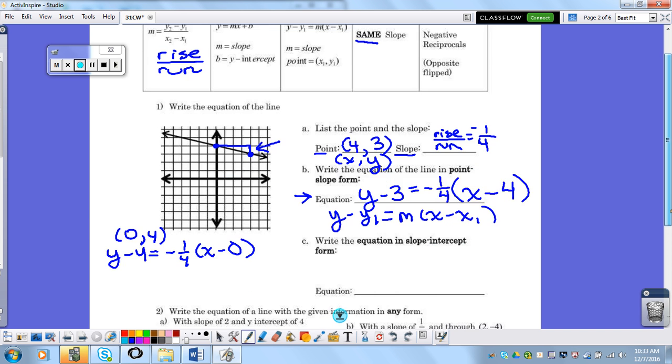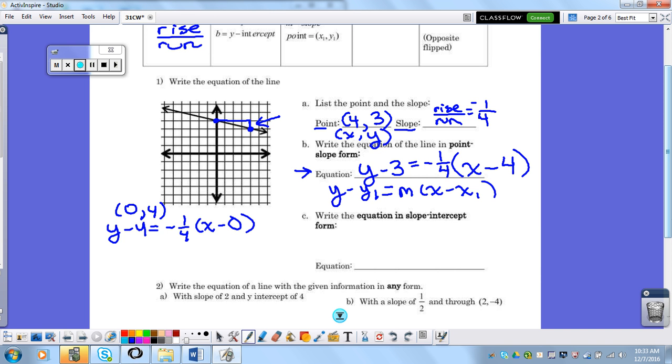Now what you're going to do is transform those equations into slope-intercept form, which is y equals mx plus b. That means you need your slope and your intercept. So you can take your equation in point slope form and transform it. You're going to distribute the negative 1/4.